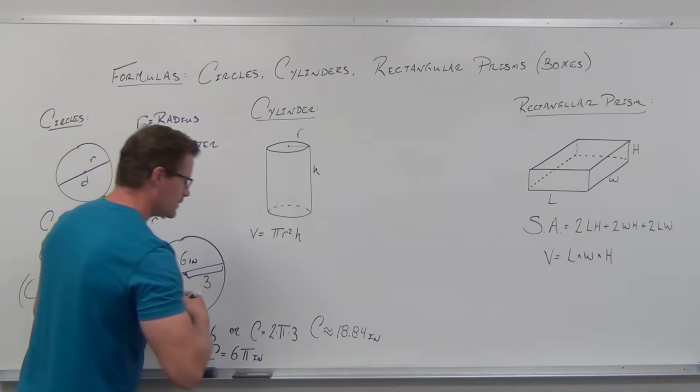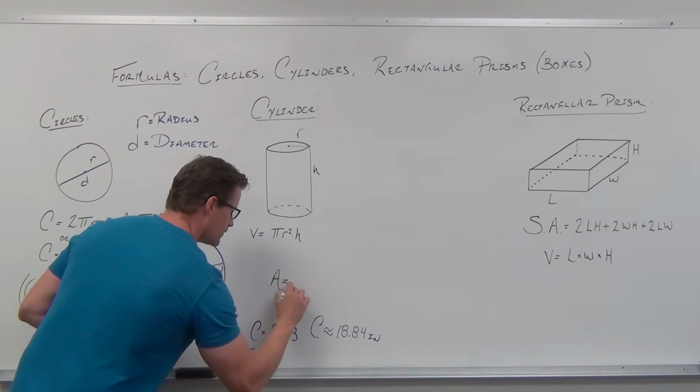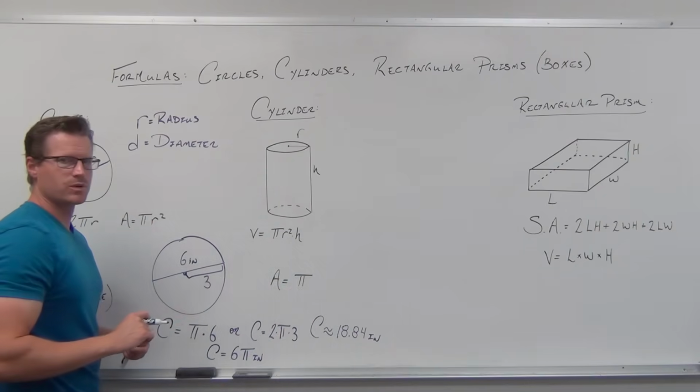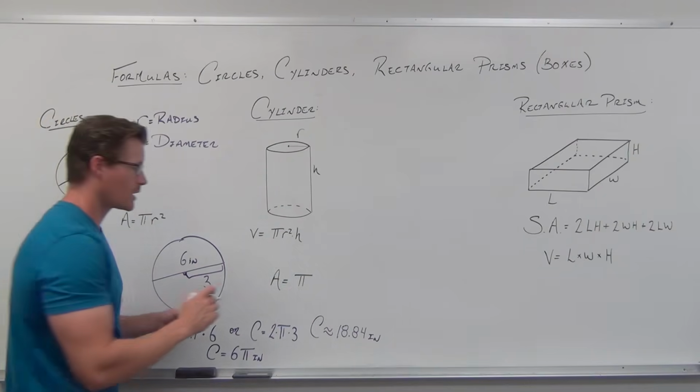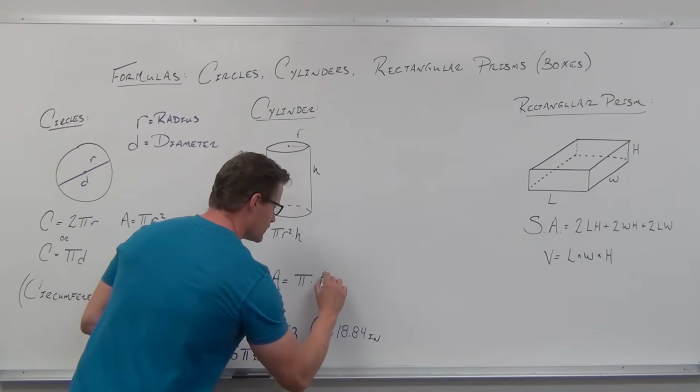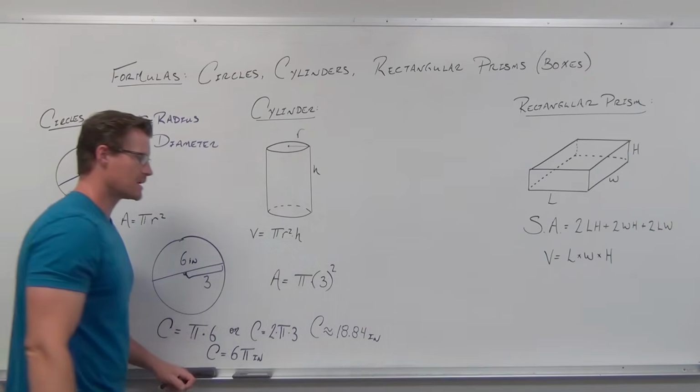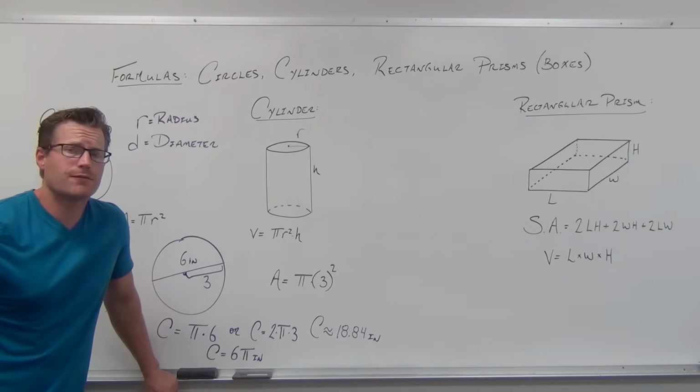So for our area, the area equals pi times the radius squared. In our case, that's 3 squared. Order of operations says you have to square the 3 before you deal with the pi.